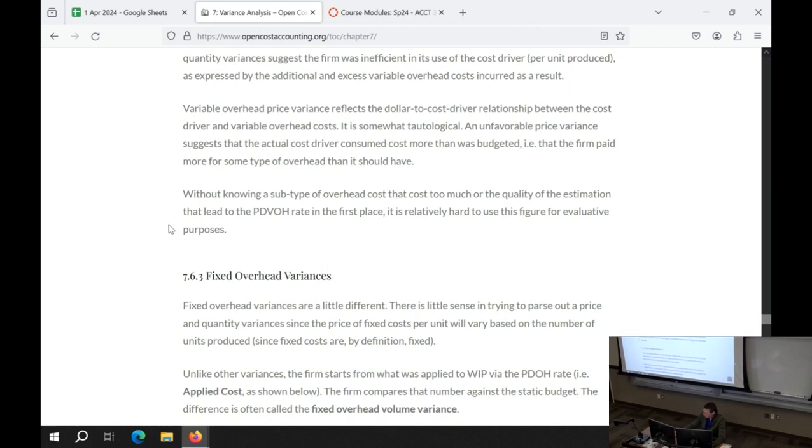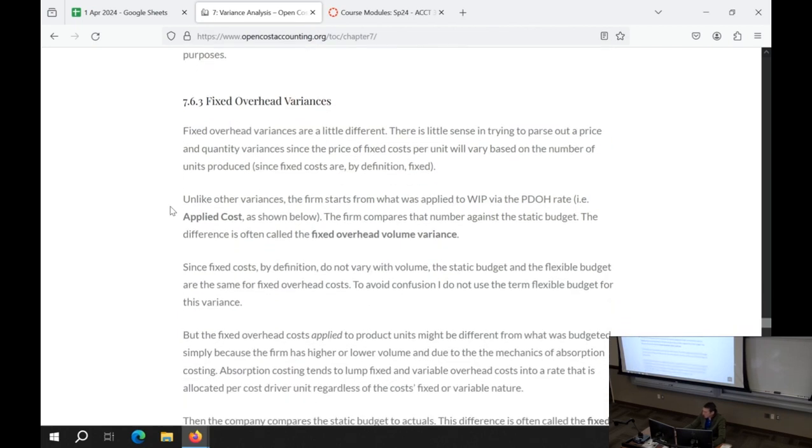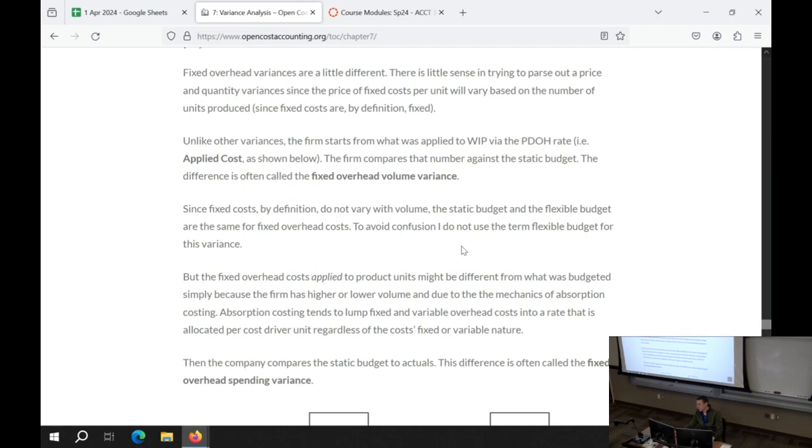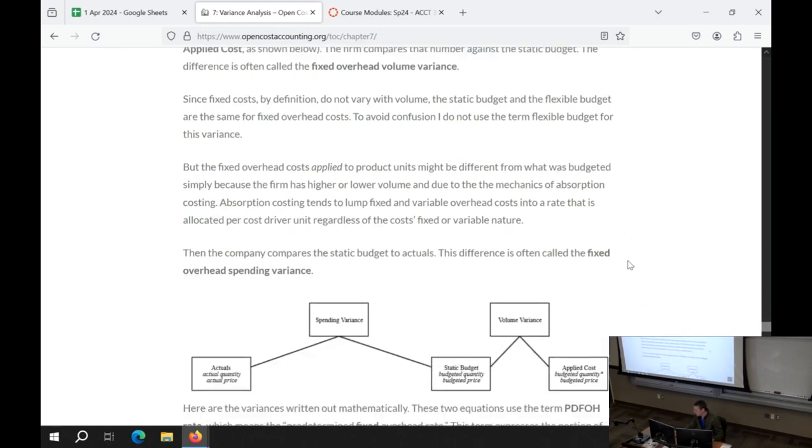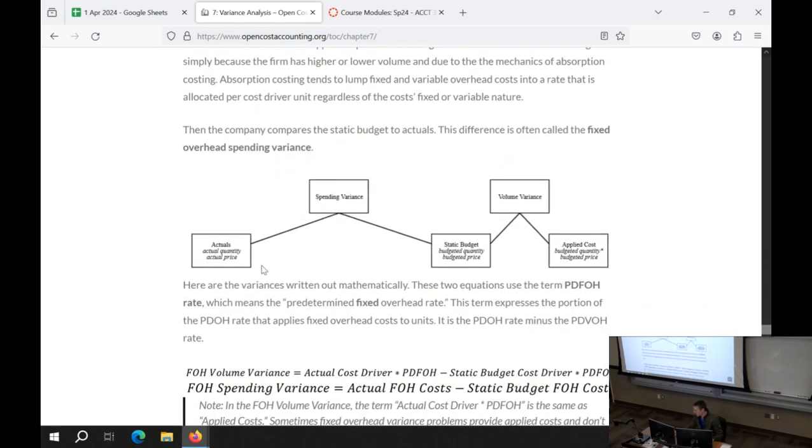I want to leave it right there for variable overhead and talk about fixed overhead, because this is a little bit of a different animal. So this mountain chain looks a little different than the mountain chain we're used to, and we have three different squares at the bottom here that we're subtracting. And most of the fixed overhead cost questions focus on you being able to just identify those squares.